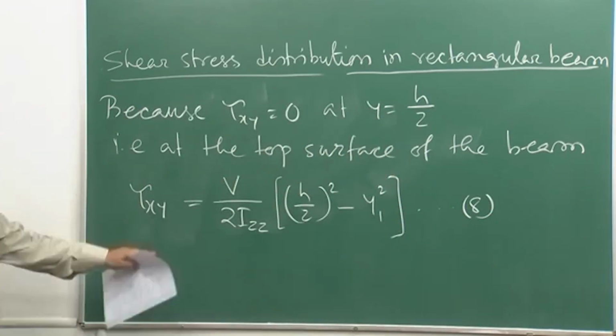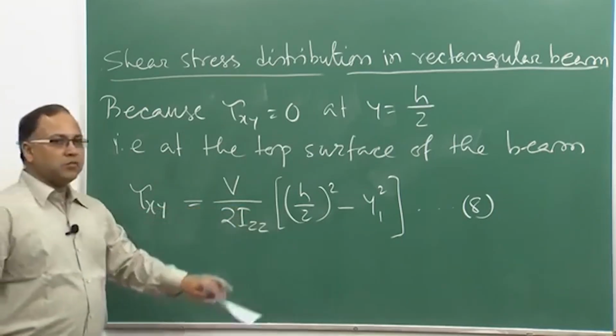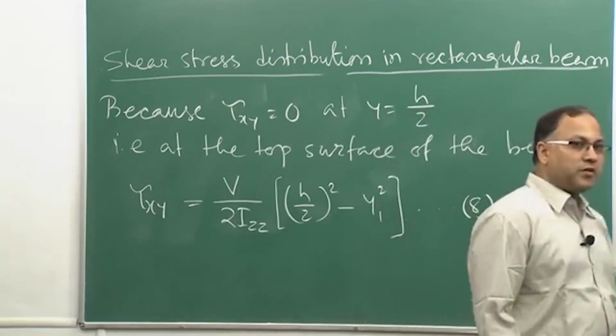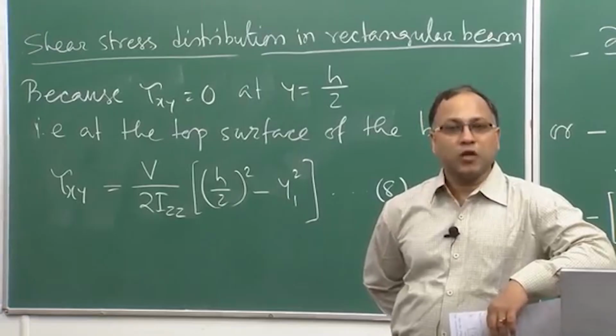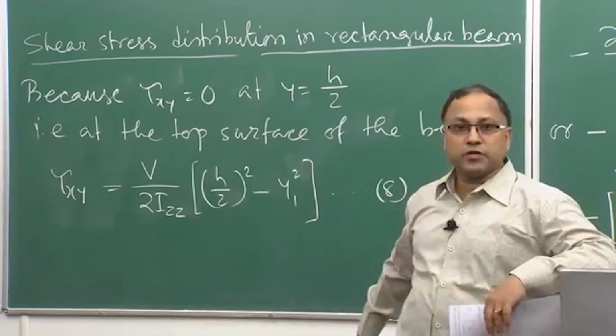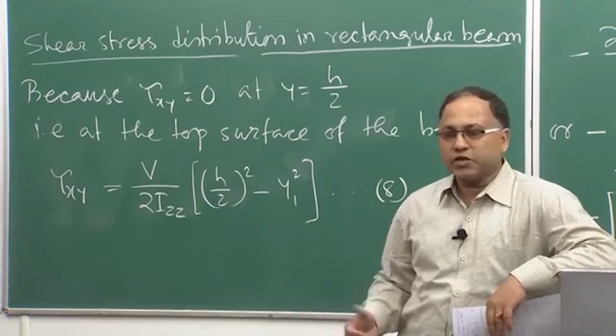So, you can verify that if you put y1 equal to h by 2, that means you are going to the top surface of the beam, this equation will give you tau xy simply equal to 0. So, that is satisfying the condition.